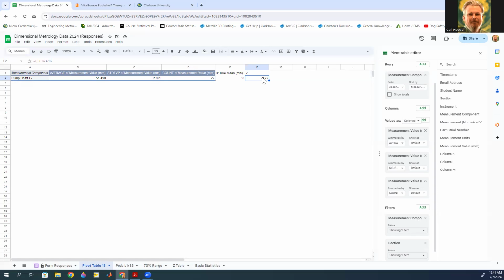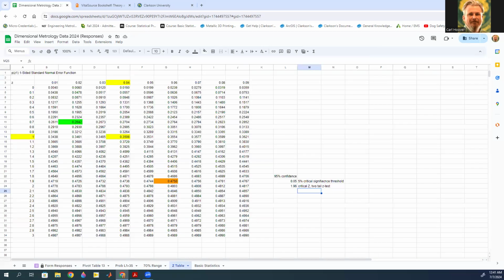And so we could look that up in a z table if we were trying to find out the probability that our result is as extreme as that. What we could do is look at a z table and say minus 0.72, which is really just 0.72, and we can get the probability of that occurring one-sided is 0.2642.